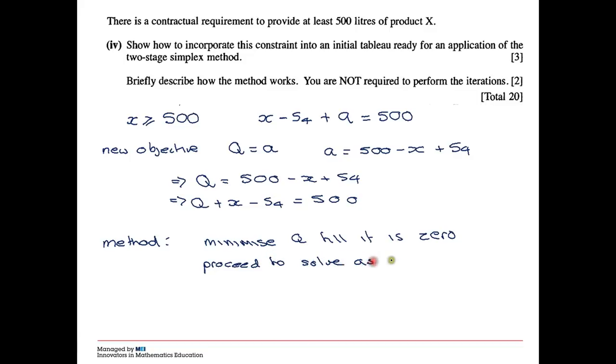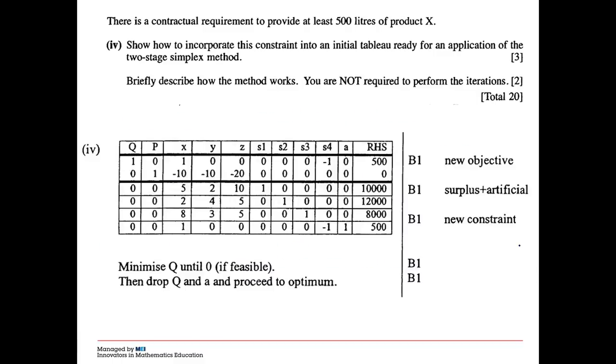And that's why it's called a two-stage simplex or a two-phase simplex, because there are two distinct things you have to do. First of all, to minimize Q, and then to maximize what's left once you've got Q equal to 0.